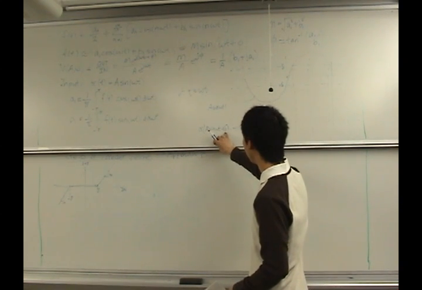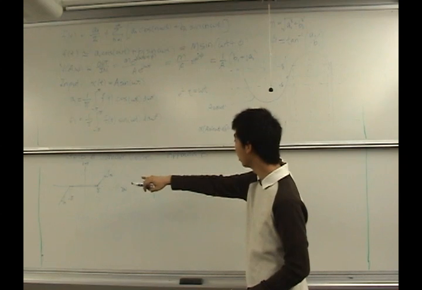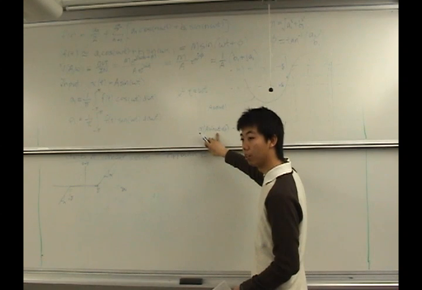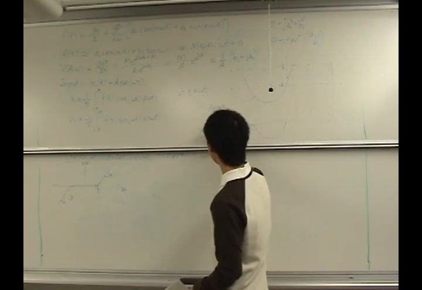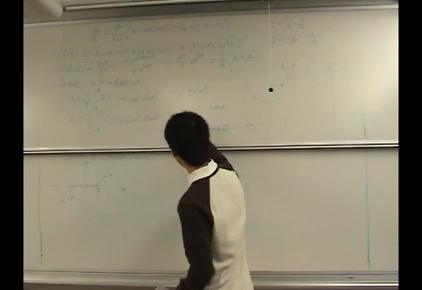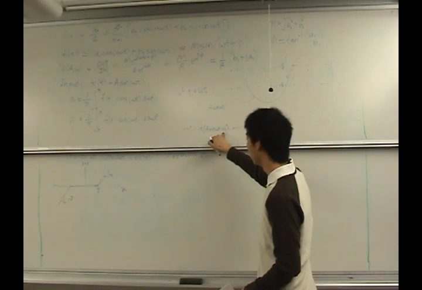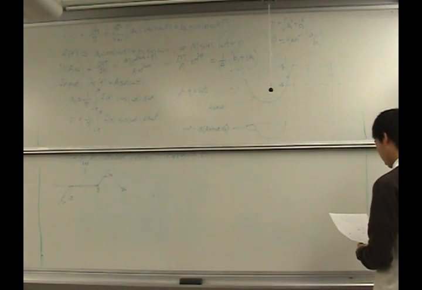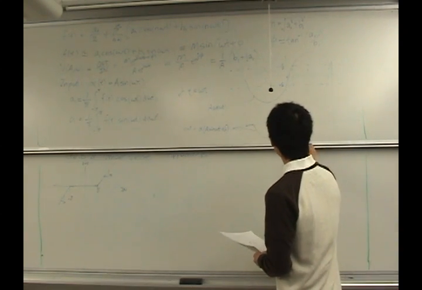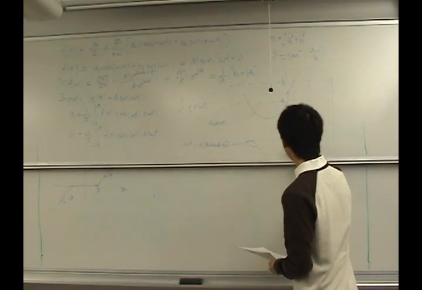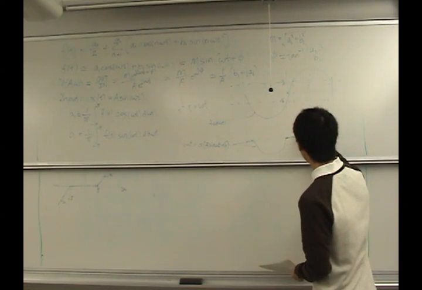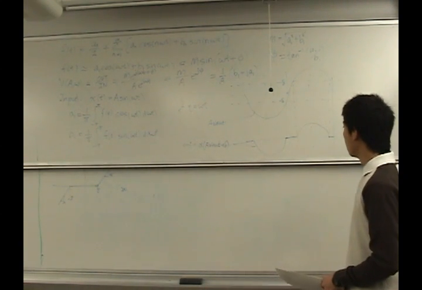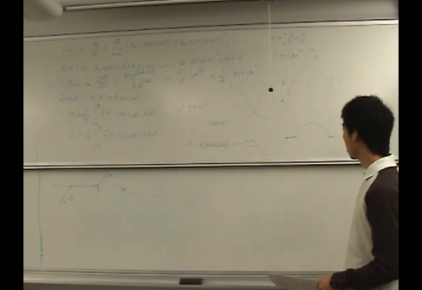So when A sine omega t is negative delta, this is our output, equal to negative delta plus delta, which is 0, times alpha. And over here we'll have nothing, and over here we'll have a similar deal. Okay, so that's kind of funky.